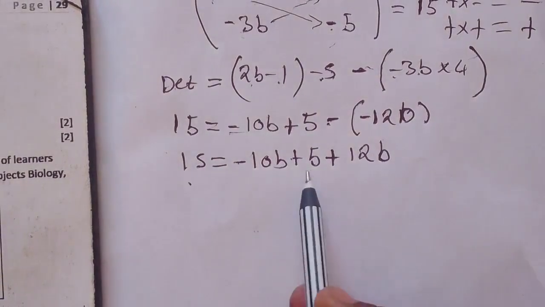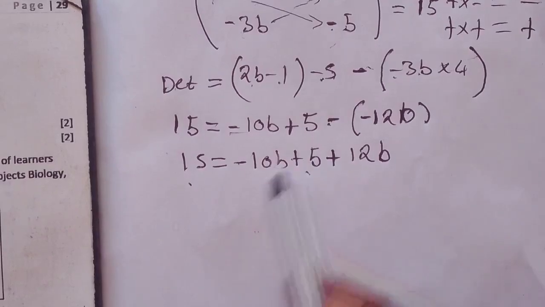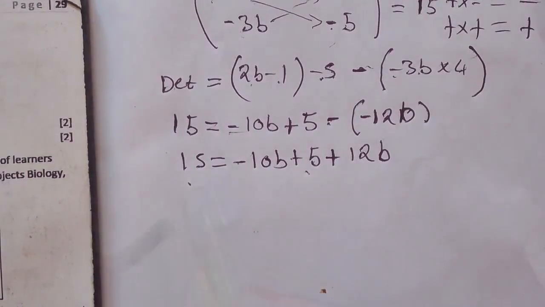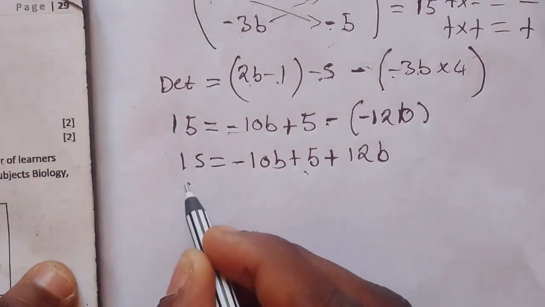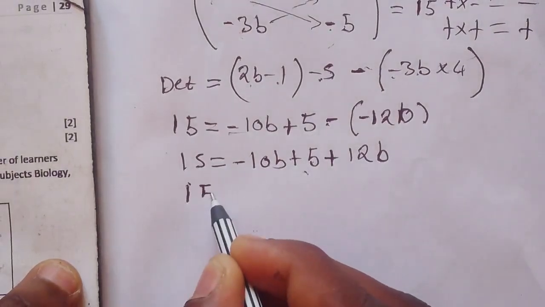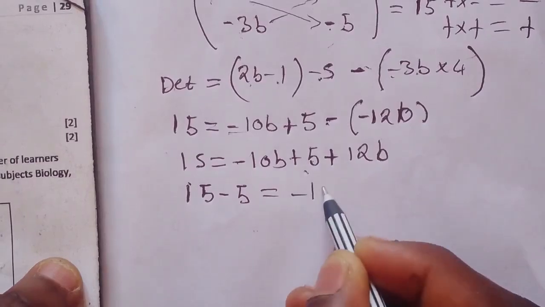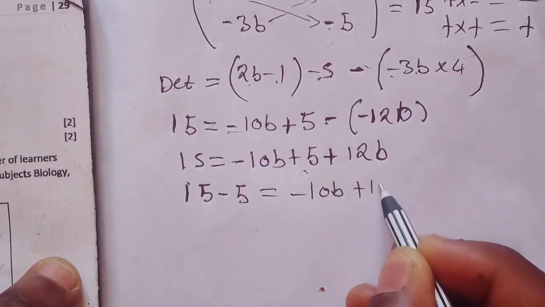So our 15 here, we also have 5. These are like terms, so we can collect them by taking 5 to this side, and when it comes to this side, it will become negative. We know that when a number crosses the equal sign, its sign changes. So we have 15 minus 5 is equal to negative 10b plus 12b.